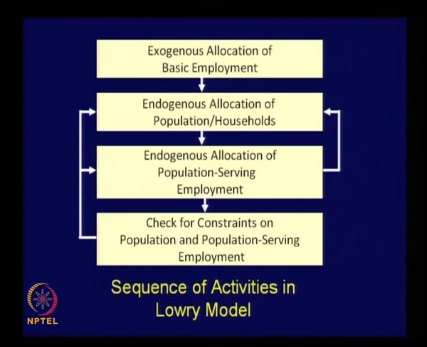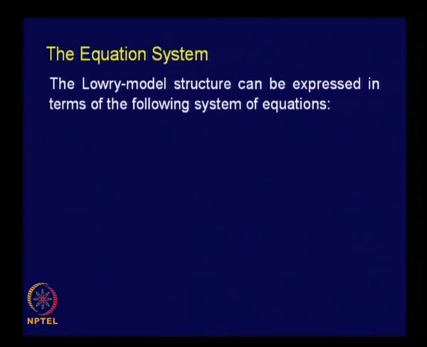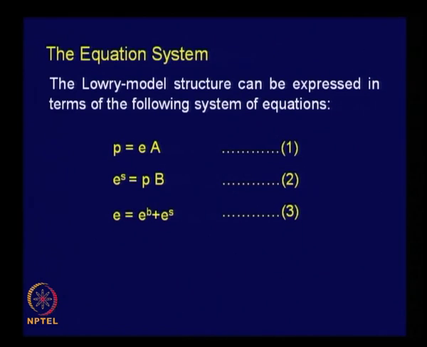And let us just recollect the set of equations related to Lowry's model. The equation system involves the following equations: P is equal to E into A, and ES is equal to P into B, and E is equal to EB plus ES.